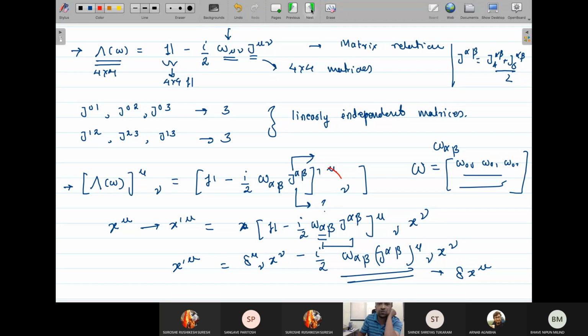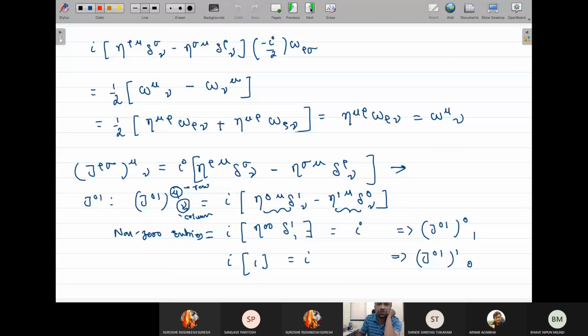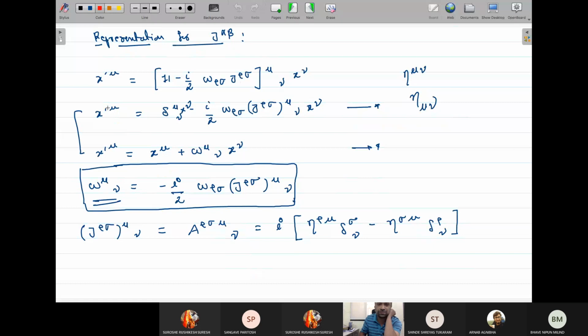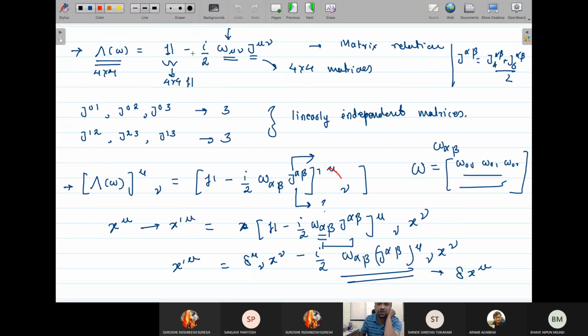If you want to write the finite Lorentz transformation, you have to apply that n times and take n tends to infinity, with omega mu tends to 0. Clear?